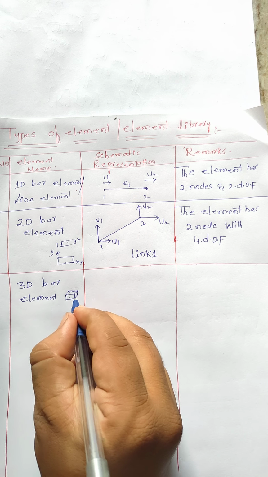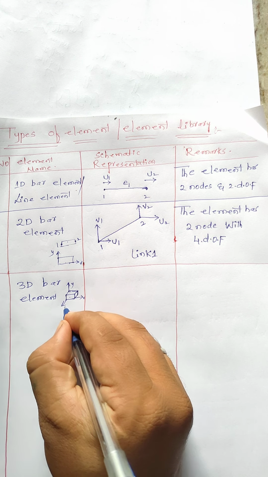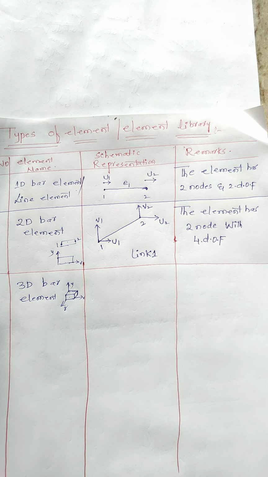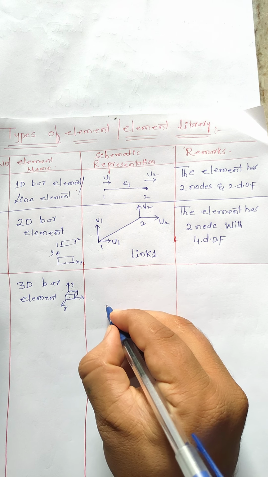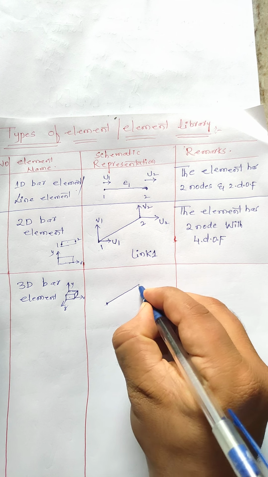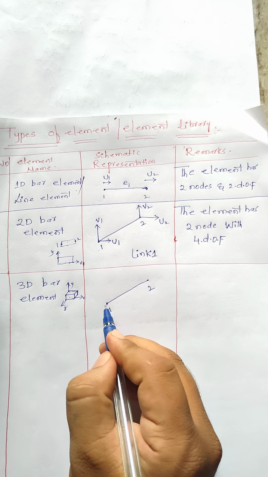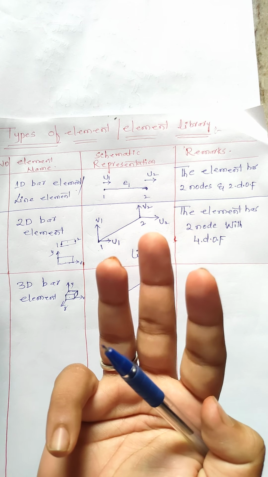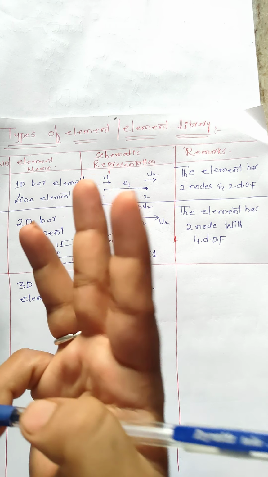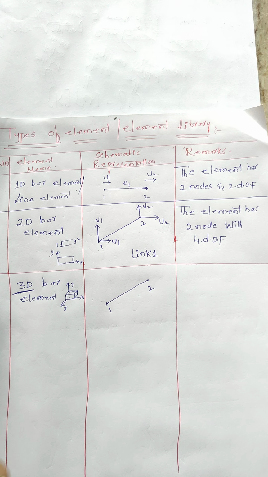Okay, let us see. This is the x direction, y direction and here z direction. I am using the line element, then you can easily understand here. I am taking here the first node and second node. On each node how many displacements and how many degrees of freedom are acting? 3, because we are discussing about 3-dimension element.